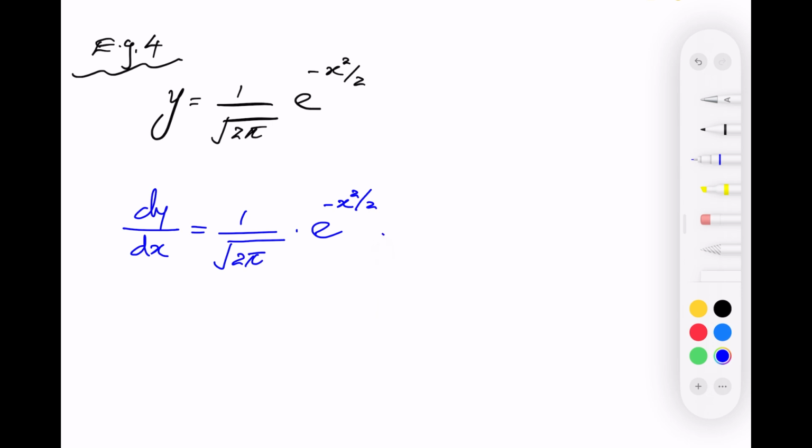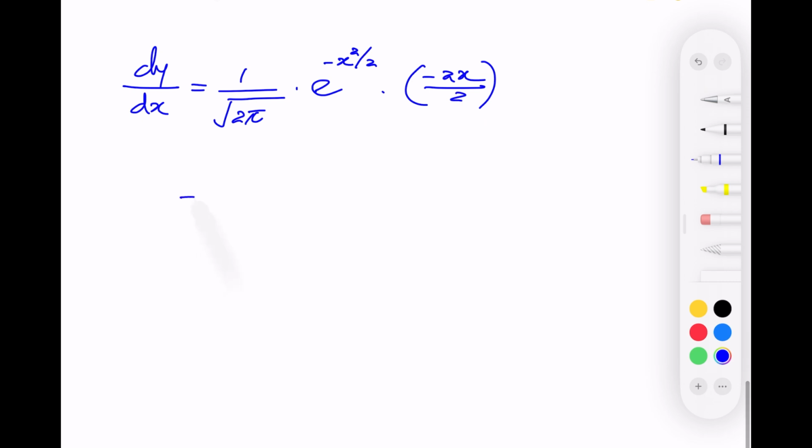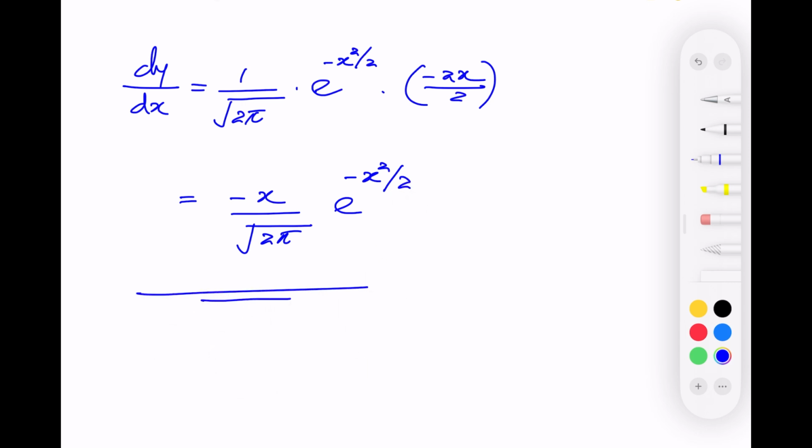That times the derivative of the exponent. When you differentiate that exponent, we are going to get a negative 2x and there's a divided by 2 in the denominator. Now we can simplify this one a little bit. Then we get dy by dx to be equal to negative x over square root 2 pi times e raised to the negative x squared over 2. That's the final answer for this problem.